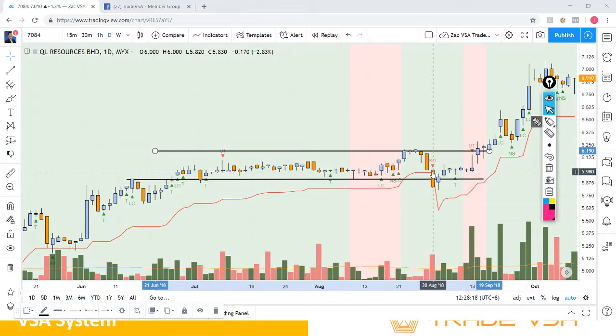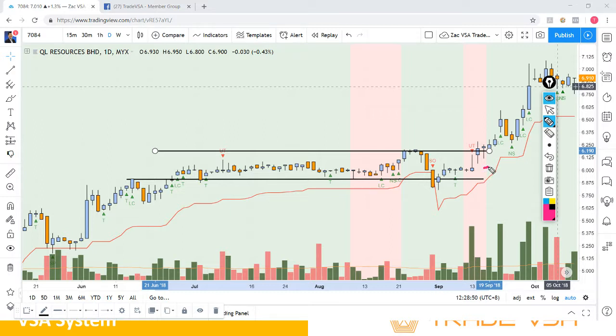What is the opening price for this bar on 30 August? Opening is 6 ringgit, and the lowest between these two bars is 5.8, and the closing, I will base on 3rd of September, is 5.93.